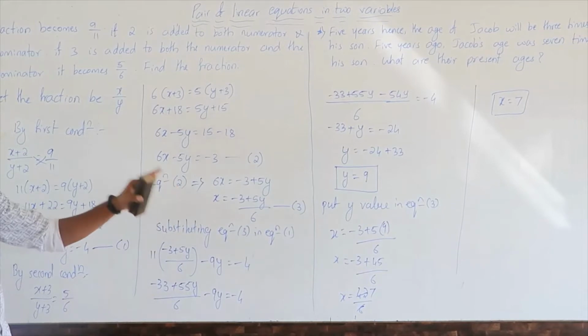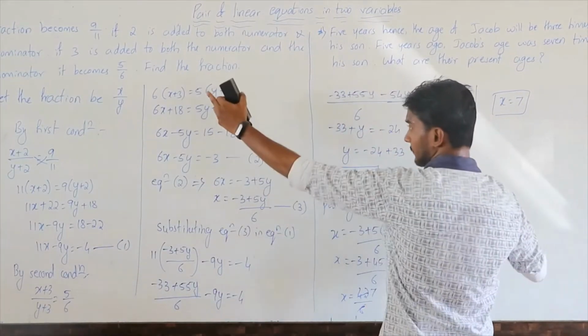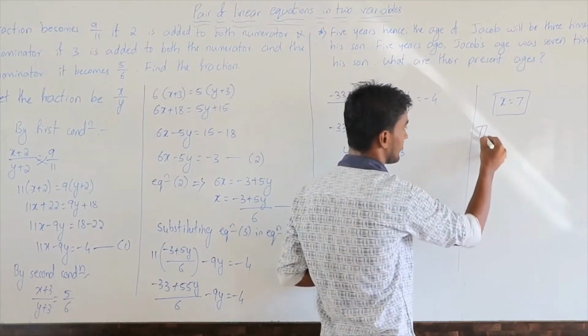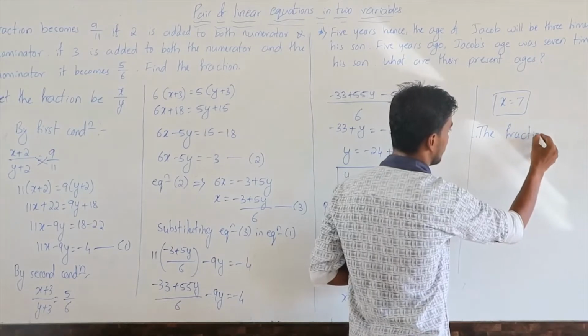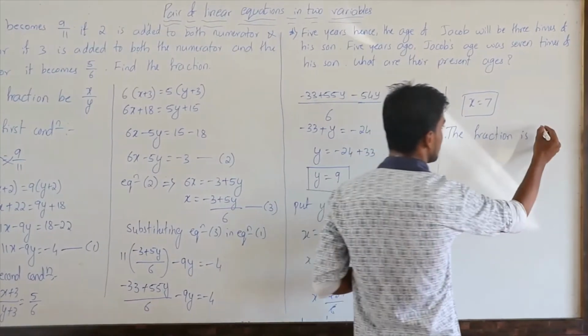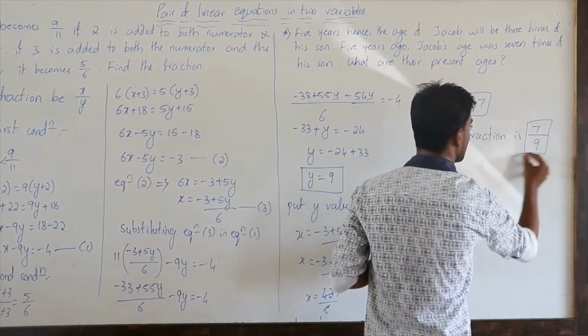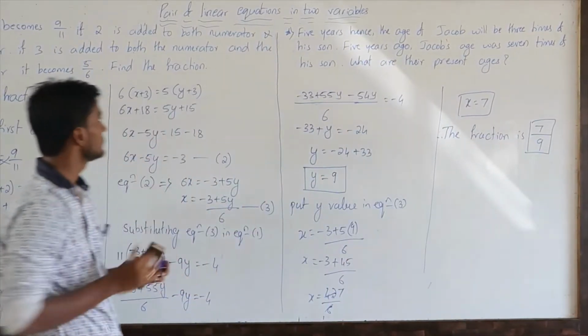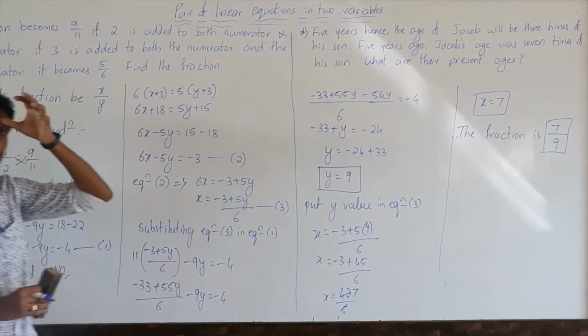Now that we have the x and y values, the fraction we considered was x divided by y. Therefore the fraction is x, which is 7, divided by y, which is 9. So this is the answer. They asked you to find the fraction, therefore the given fraction is 7 divided by 9.